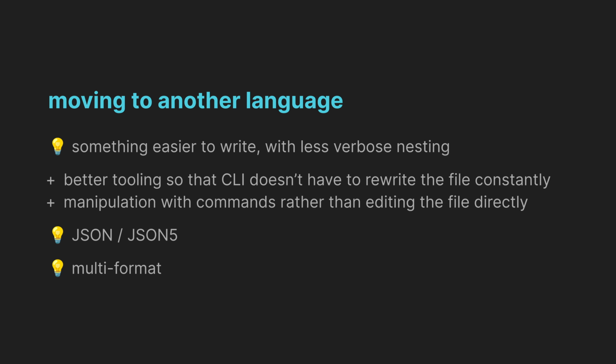You'd like better tooling so that the CLI doesn't have to rewrite the file constantly. Perhaps you would want to manipulate this file with commands rather than editing it directly. And some of the other suggestions were using JSON or even JSON5, or adopting a multi-format, supporting TOML or JSON or something completely new. What do we think about this, team?